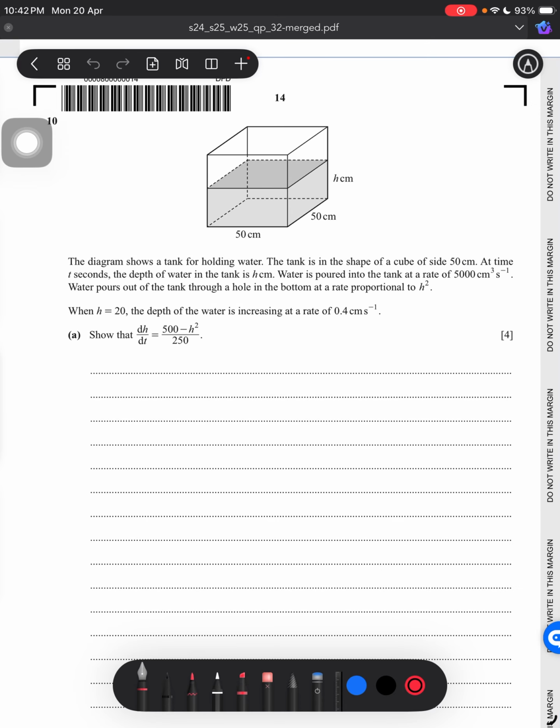Okay, we have question number 10, second last question of this paper, 2025 October November.